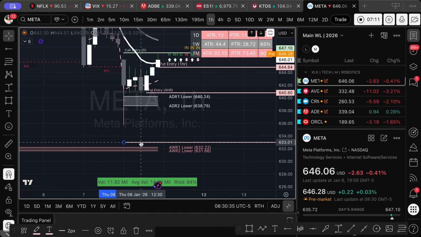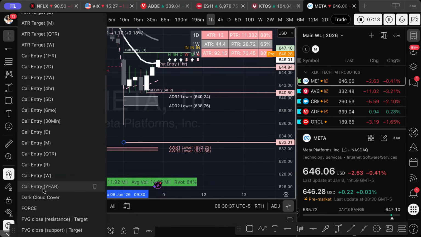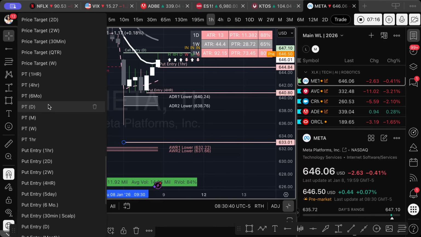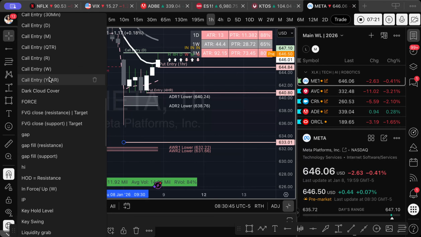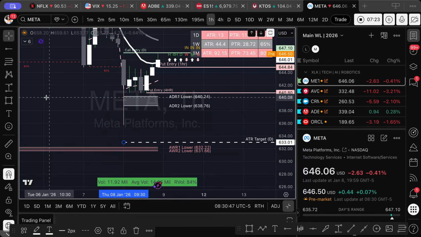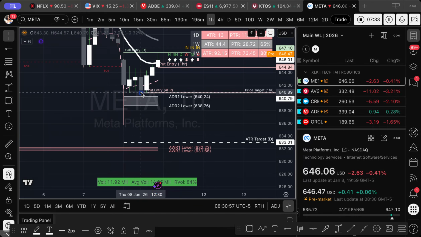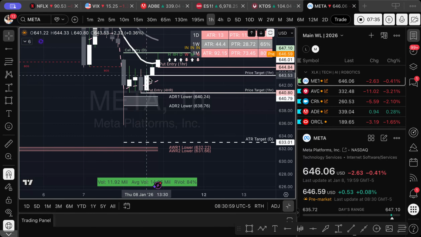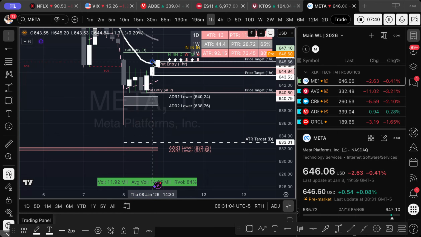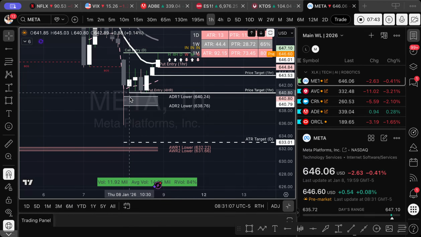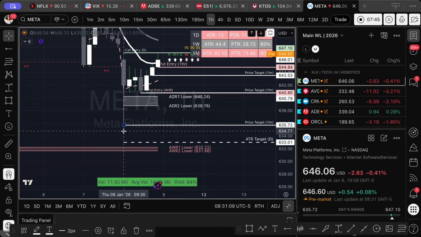Last thing that we have to do is map out our price targets so that we can know what our strike prices are. So this would be our ATR target. All right, and now let's map out our price targets off of the 1 hour. Let's just tackle these as well from the 1 hour time frame. And we're going to just map it down. So that would be 1.